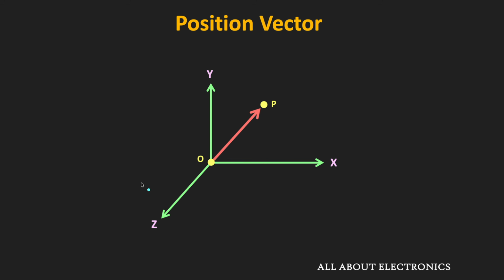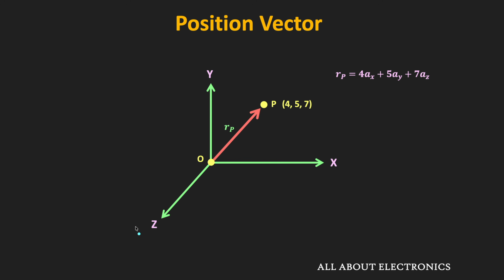Let's say the reference point or the origin is O, and let's say some point P in the Cartesian coordinates is equal to 4, 5, 7. So this position vector that is directed from the origin O to P, or this RP, can be given as 4ax plus 5ay plus 7az. That is how all the vectors that we have seen so far are represented.